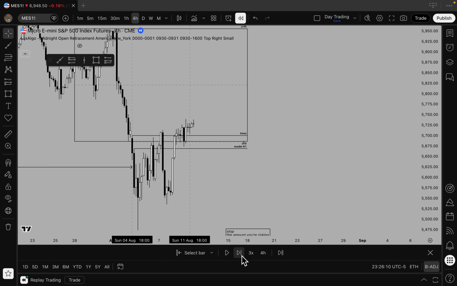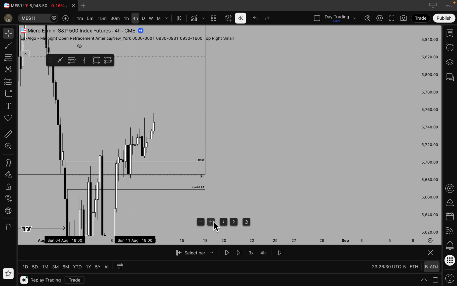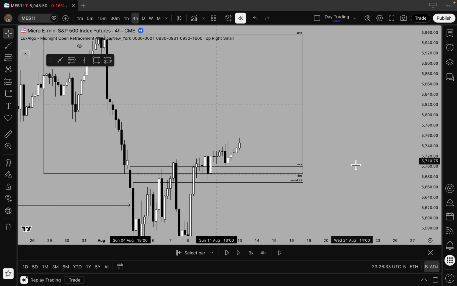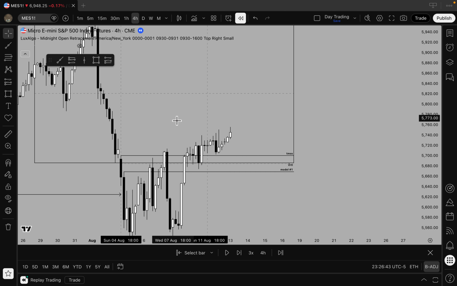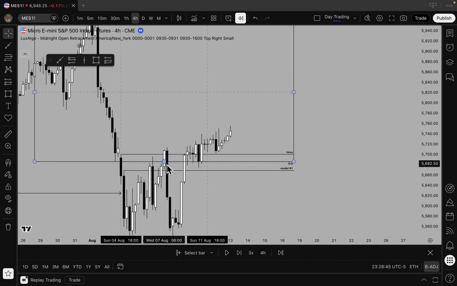Monday. Still Monday. Tuesday. So your bias for this week of August 11th to August 16th is going to be bullish, because we close inside this range, we're bullish.